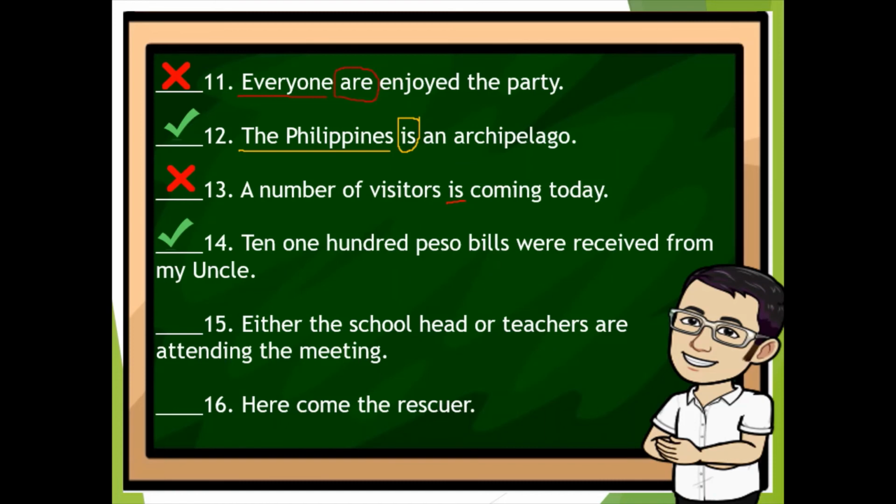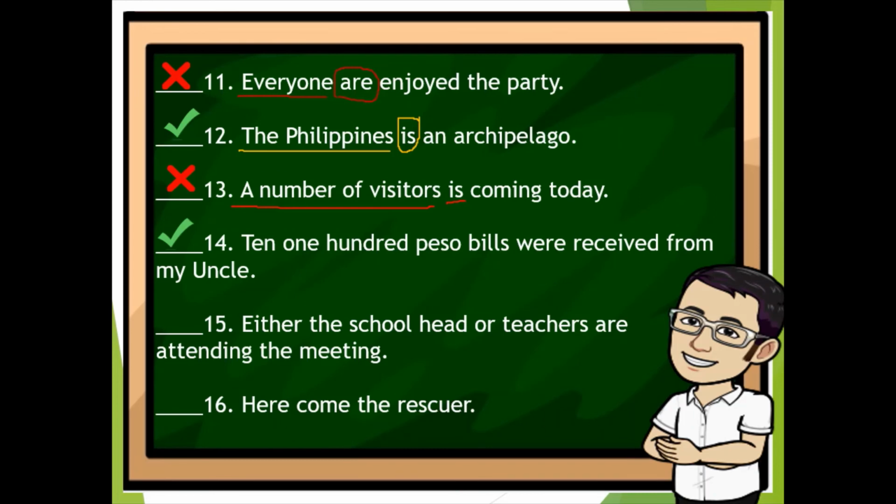You're right, the correct verb must be are, because the subject is a number of visitors. So when a plural noun is preceded by a number of, then it is a plural subject. The correct sentence should be a number of visitors are coming today. So that's the right sentence.